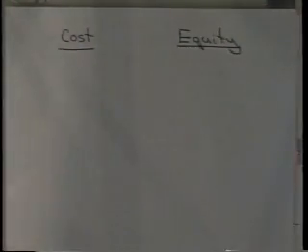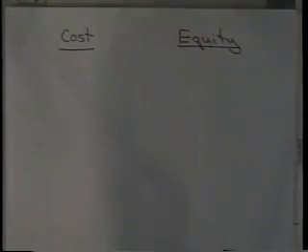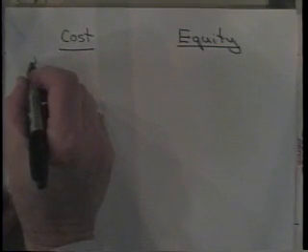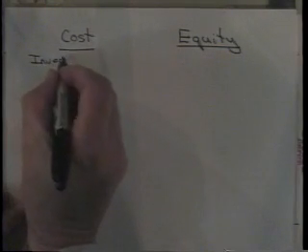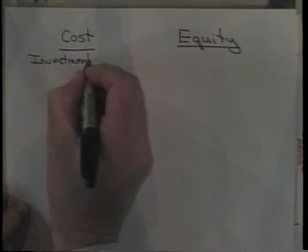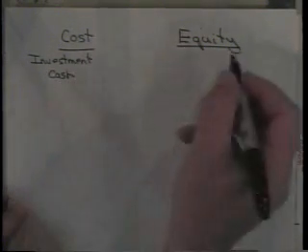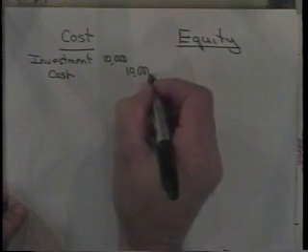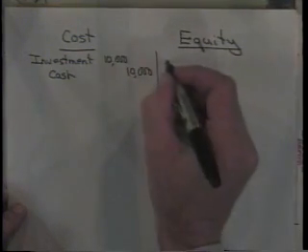I'll try to parallel the transactions. Under the cost method, one basic thing is happening. I have an investment in an asset, and I would debit the investment, and I would credit cash for whatever that amount is, $10,000. Now, I would have on the other side the same entry.